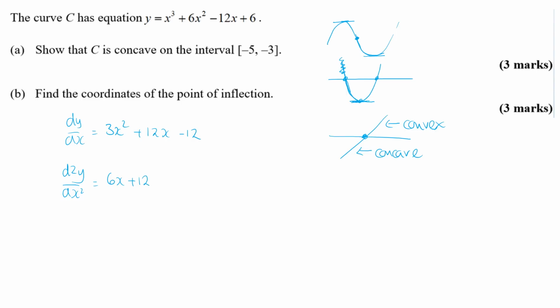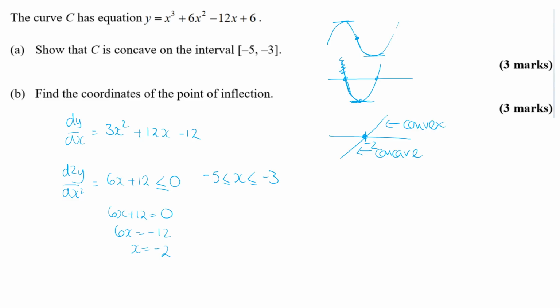Now in the interval between minus 5 and minus 3, so that's as long as x is between minus 5 and minus 3, is this function less than 0? Is it below 0? So if we find this point here where it does equal 0, so 6x plus 12 is equal to 0, 6x is going to equal minus 12, x is equal to minus 2.